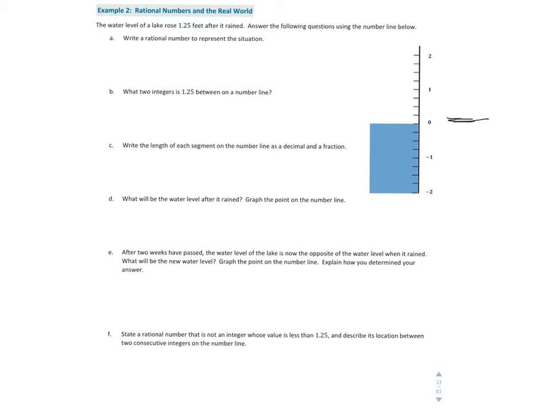And they're saying that the water level rose 1.25 feet after it rained. So a rational number to represent this, since it rose, it's positive, would be 1.25 or 1 1/4.